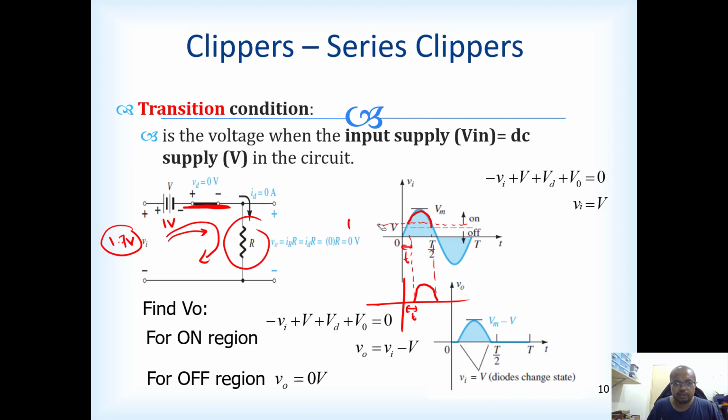So at 1.7 volts, the supply will turn on. Let's say here is 1.7. So anything at the top here, the supply is on, the diode is on, the current will flow like that, and the output will see a current flow. So this portion on the positive side will appear in the output graph.